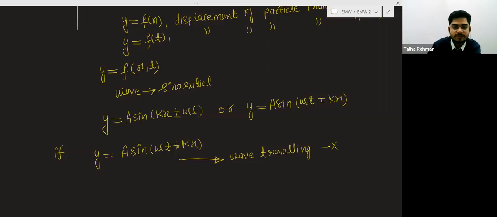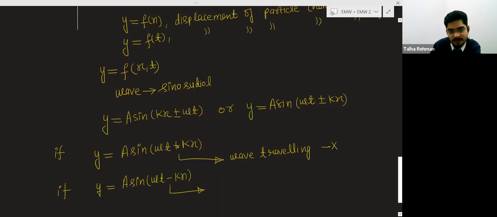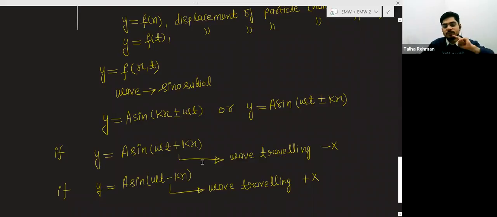If it is written that y is equal to a sine (omega t minus kx), then from this minus sign you can say the wave is traveling in the plus x direction, and this kx will decide the direction of the propagation of the wave.